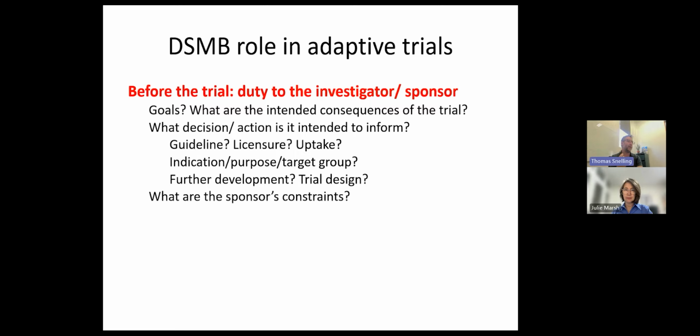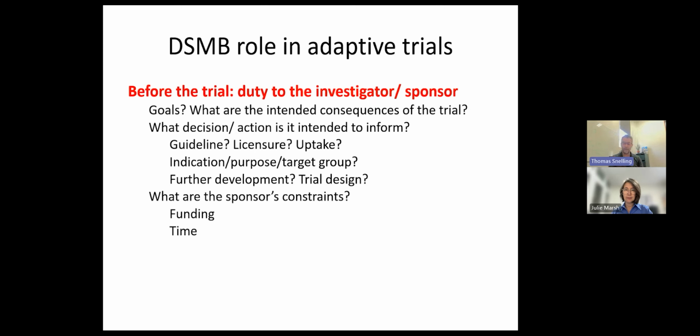It's important also, as a member of the DSMB, to understand not only the goals but also the constraints on the sponsor or the investigator team. Typically, for the trials that we're involved in, the major constraints are around funding, the amount of funding that's available, and the time frame.